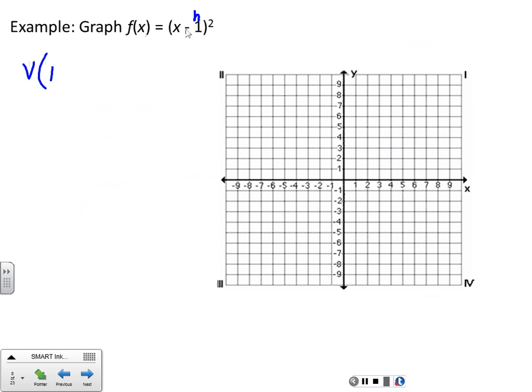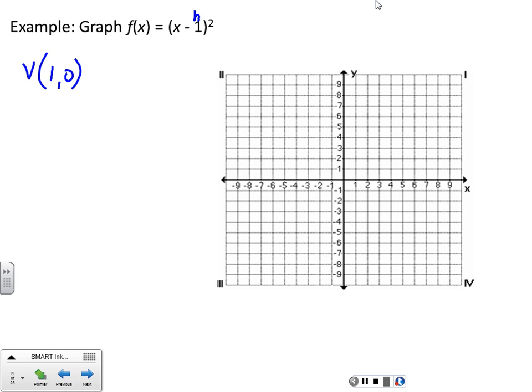So here we go. You see a -1. So the opposite is going to be +1. Okay. Do you see a number out here all by its little lonesome? No. What does that mean? No K. K is 0. There's your vertex. H is the number inside of parentheses, but you got to take the opposite.